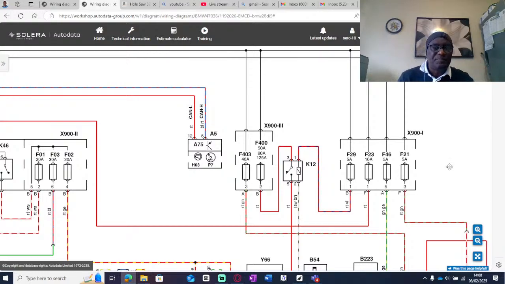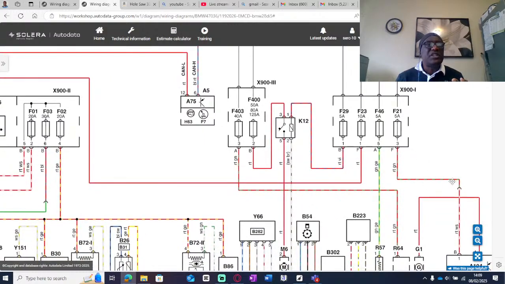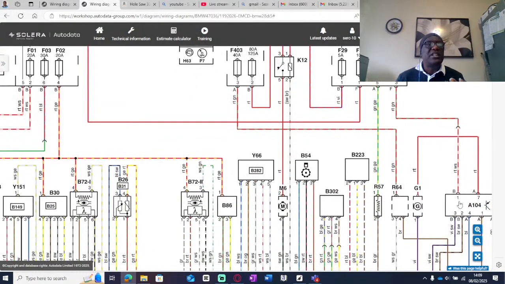When you are testing a fuse, you come here, okay? That's one side of the fuse. So if you get 30 here, and then you come here, you get 0, all that it means is that that fuse is open. That's all that it means. A fuse is powered on one side. It's not powered on both sides. So this fuse gets its power from the battery. This side is just the delivery, to the glow plug unit.